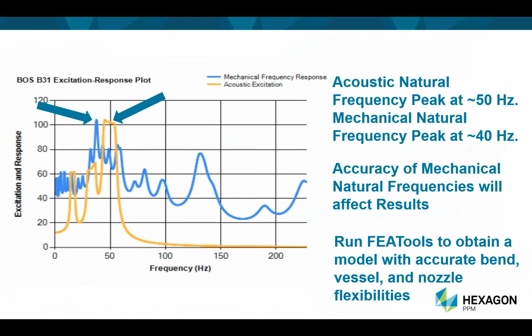In practice, we know that's not true. So if you ran that through FEA tools first, you get a different natural frequency, which could result in it coinciding with the acoustic frequency that you've calculated from your loading type.